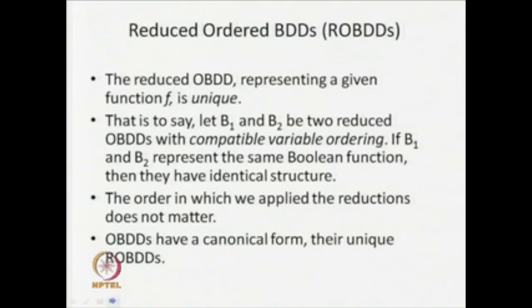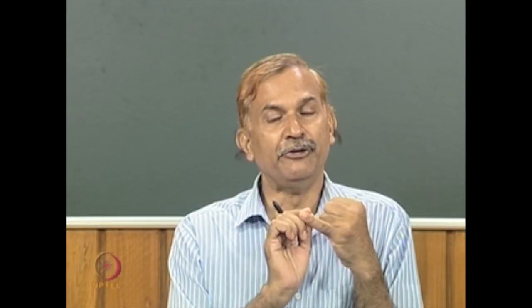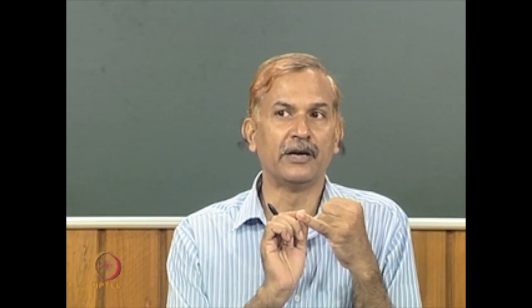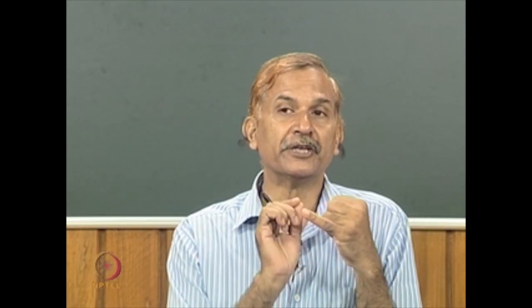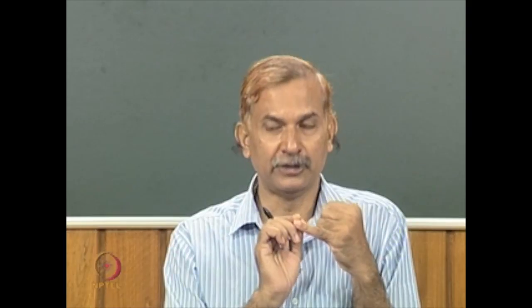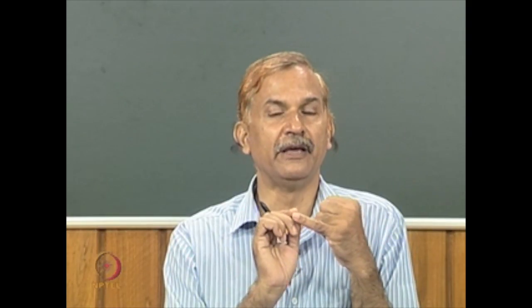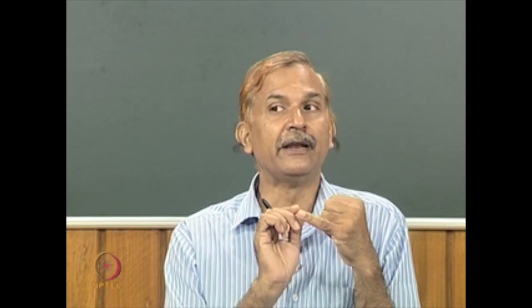So, this is the unique property that we have, that we get a unique representation of a Boolean function with respect to a particular variable ordering. That is why we said that ROBDD gives us the canonical representation of a Boolean function. So, this is the main feature of ROBDD, and we can use this BDD.